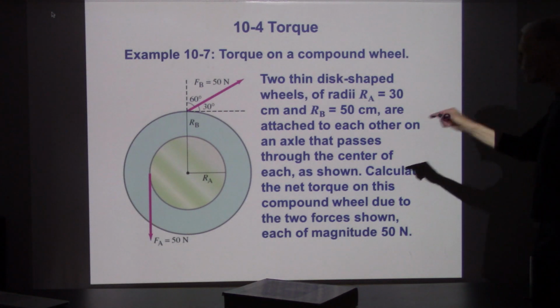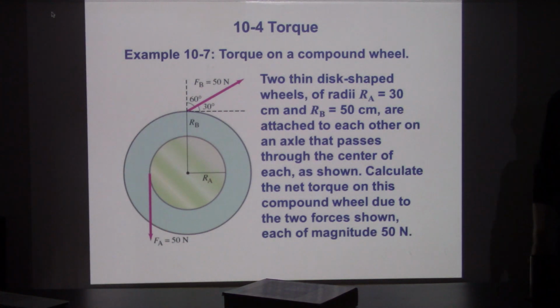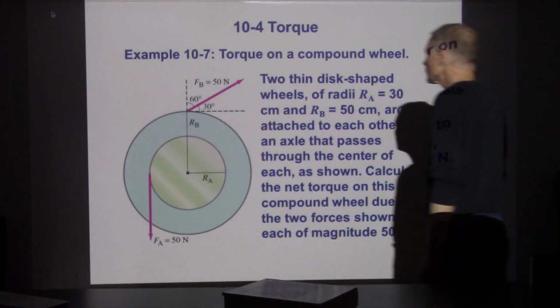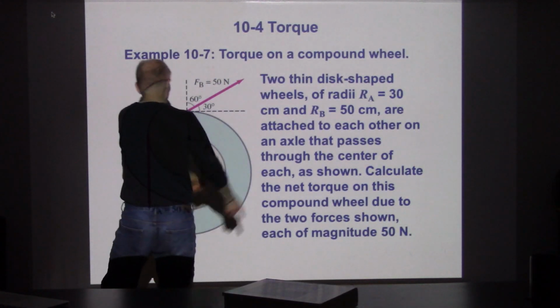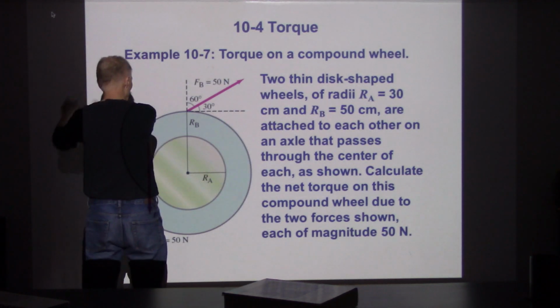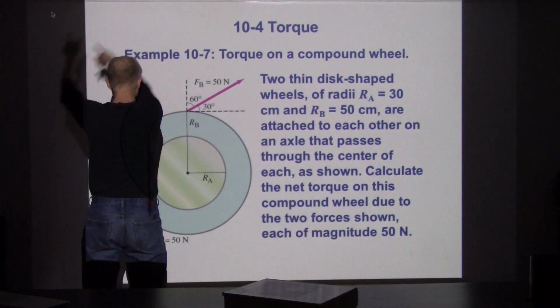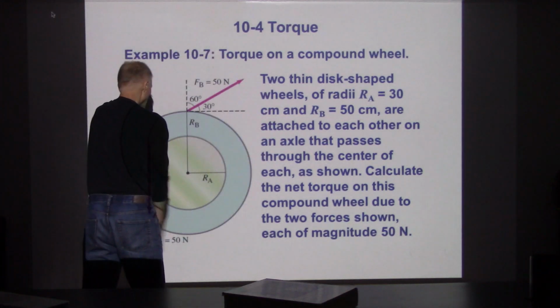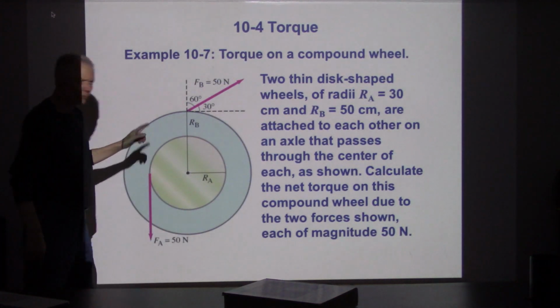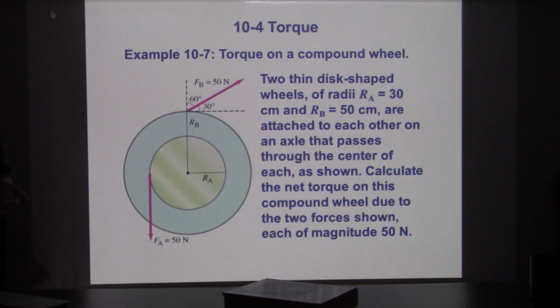Now, is FA a positive torque or a negative torque? And what am I talking about? Well, torques in one direction we're going to want to call positive, and torques in the other direction we're going to want to call negative. So, are these 2 torques working together? Do I want to add these two torques or do I want to subtract them? These two torques are opposing each other, right?